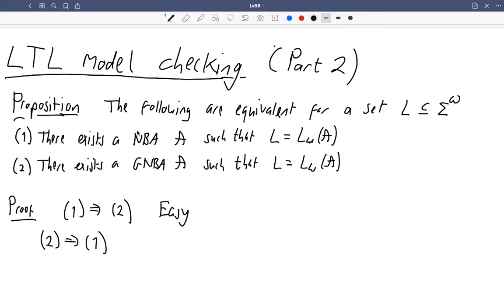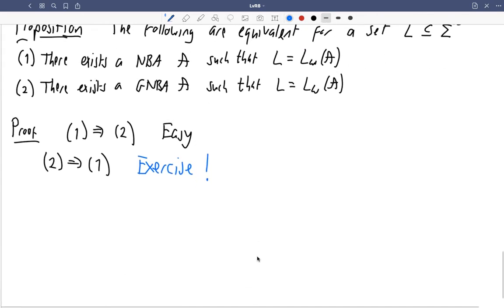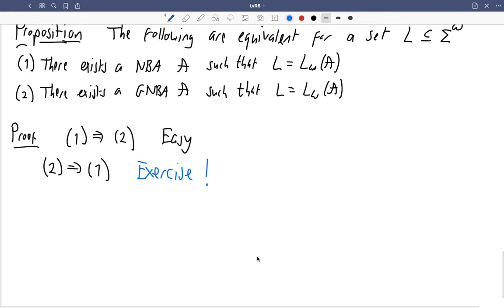What you need to do is cleverly construct an ordinary non-deterministic Büchi automaton that accepts the same language. And that's going to be an exercise for exercise classes. It's an interesting exercise.